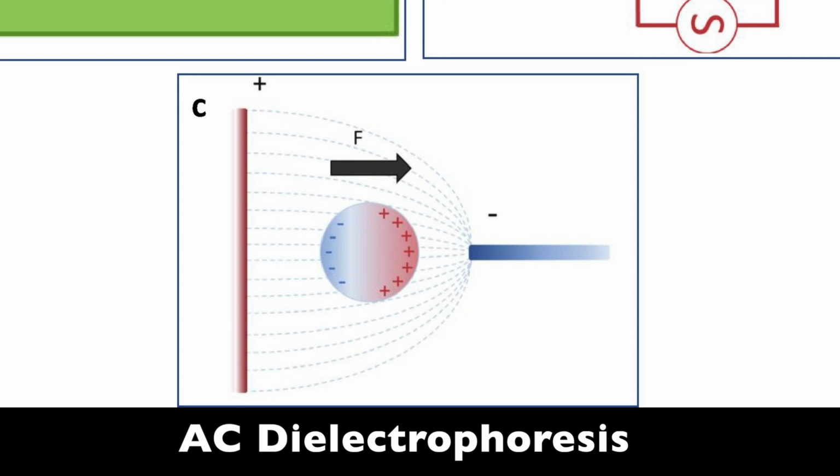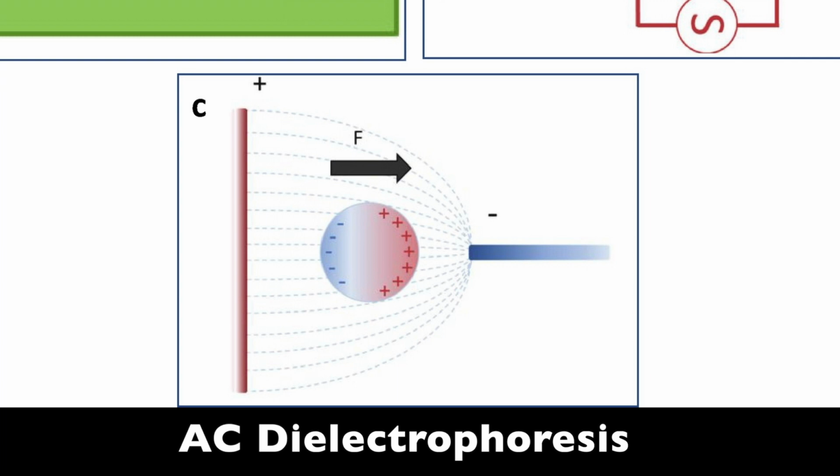If an object has a higher polarizability than its surrounding medium, the DEP force will push the object towards the high electric field region. So this is called positive dielectrophoresis. Negative dielectrophoresis occurs when the object has a lower polarizability than the medium.